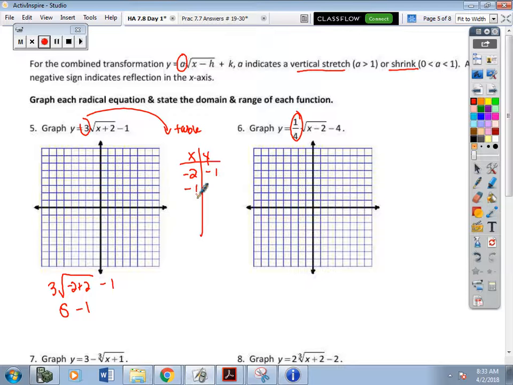Let's try -1. -1 plus 2 is 1. So I'll get 3 minus 1, which will get me 2.